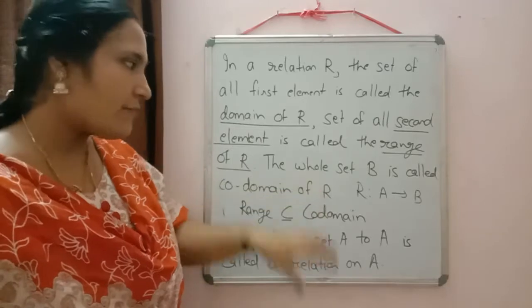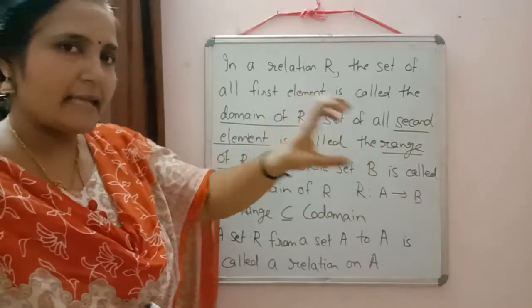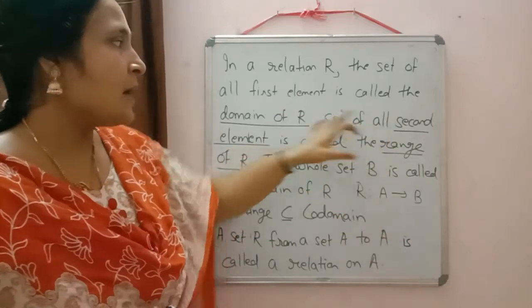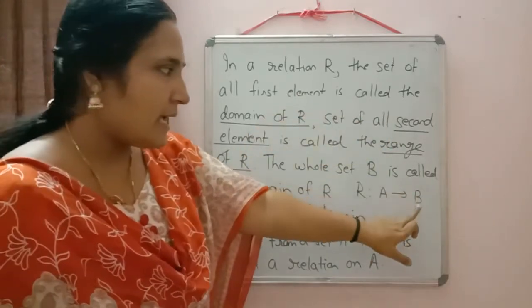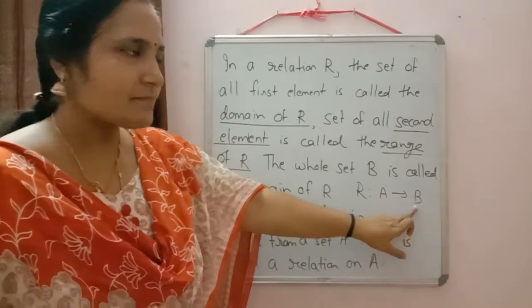After that, the set of all first elements in that relation is called the domain of R and the set of second elements is called the range of R.